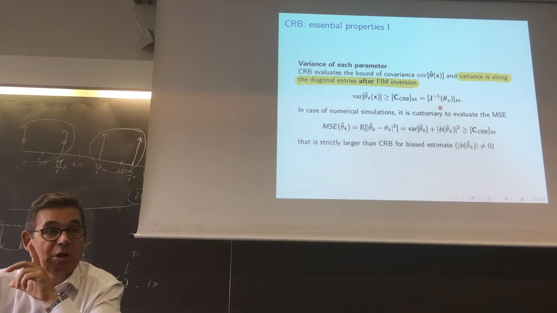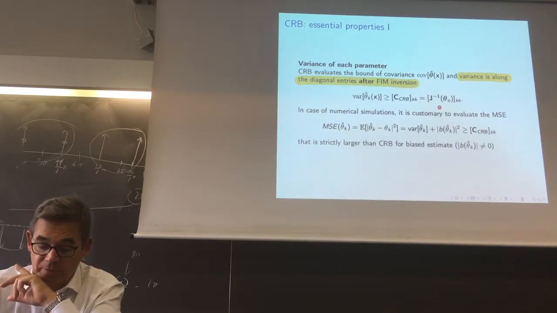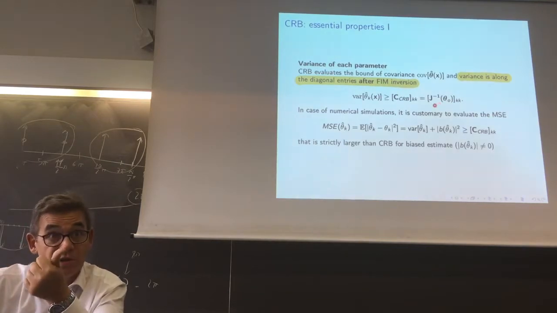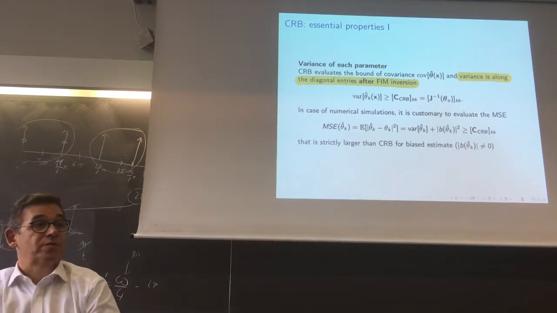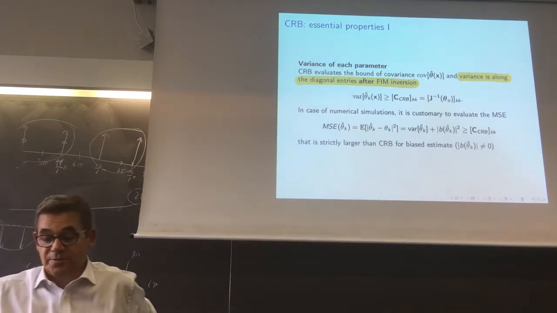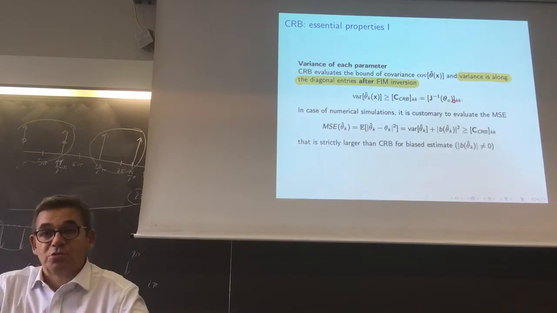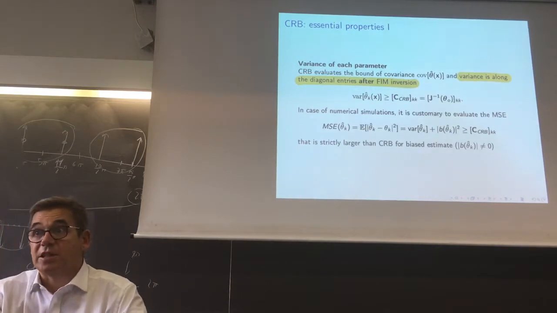So the grammar of bound depends on the value of the parameter. You need to invert, and then you need to calculate the value at the k index. This k index is to recall that it's a specific parameter.